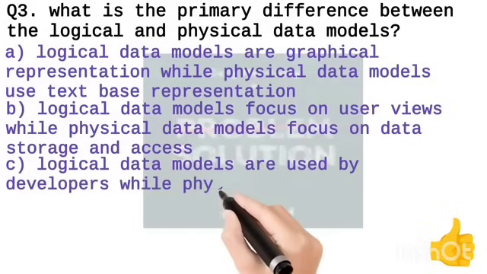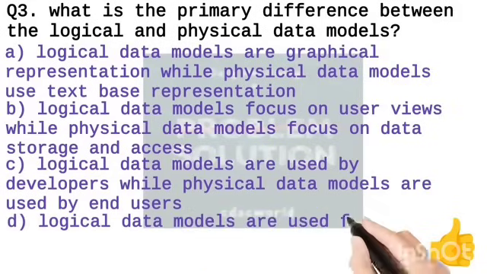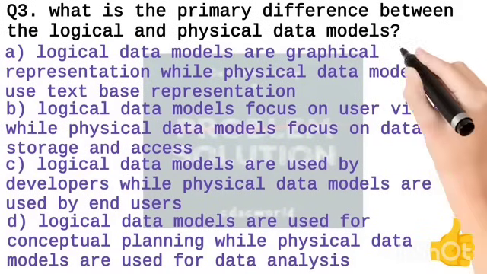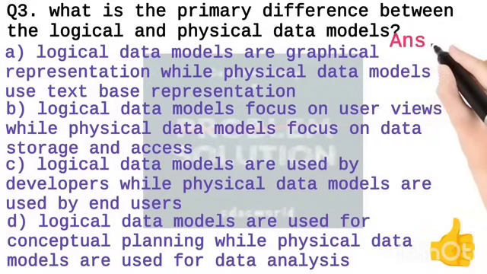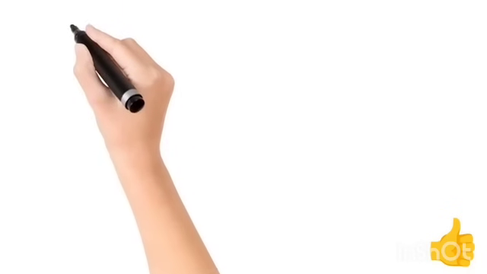Option C, logical data models are used by developers while physical data models are used by end user. And option D, logical data models are used for conceptual planning while physical data models are used for data analysis. And the answer is B, logical data model focus on user view while physical data model focus on data.